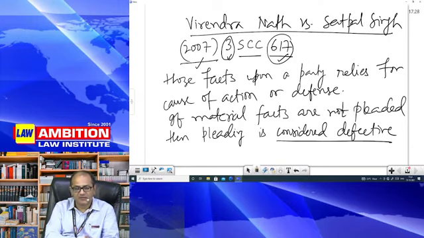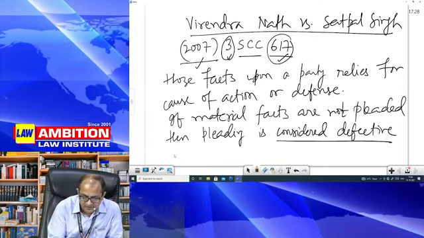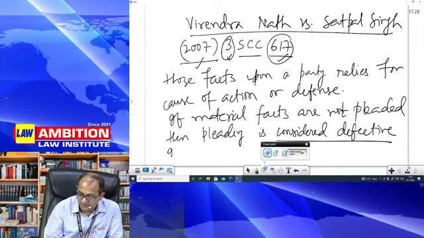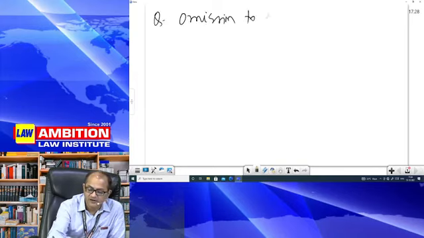Procedural laws are handmaid to justice. So what is the remedy available if there is omission to state material fact? Now this case is over. So you frame a question. Omission to state material facts.